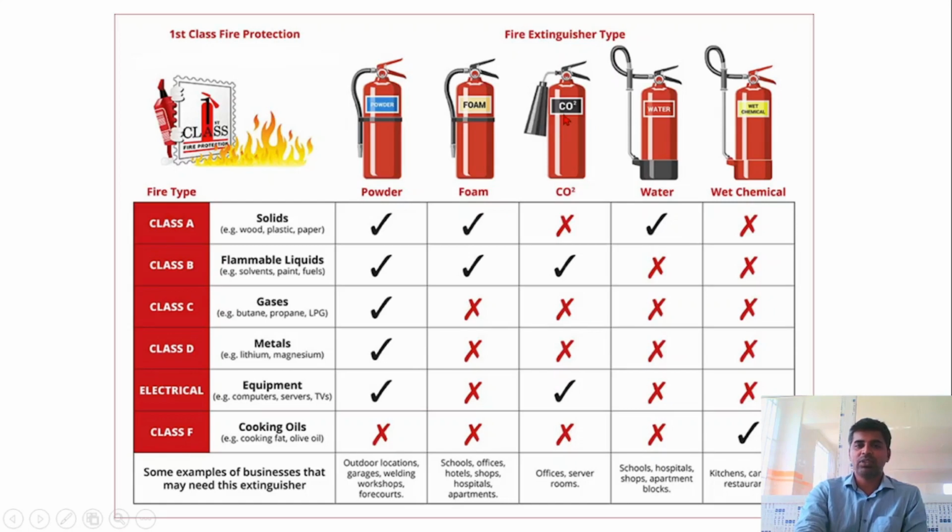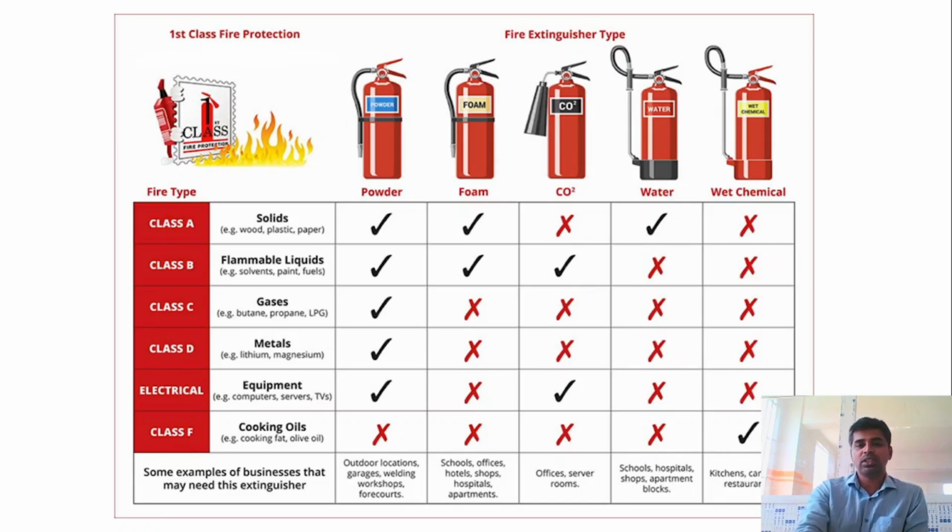Okay, so the next one is the carbon dioxide fire extinguisher type. Carbon dioxide is nothing but a removing of oxygen. So if the concentration of oxygen gets reduced, what will happen automatically? The fire starts losing its control. That is why, to reduce the oxygen concentration, we increase the carbon dioxide concentration in the particular environment.